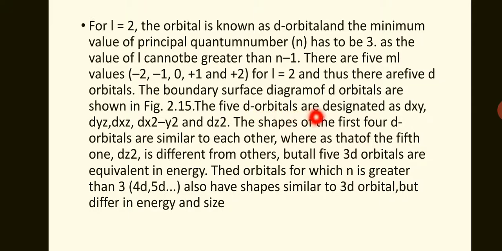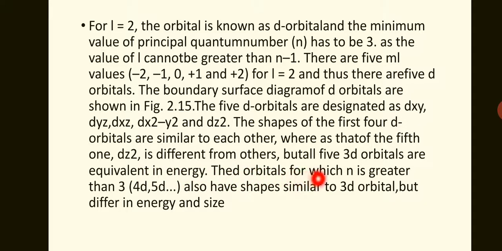The 5 d orbitals are designated as dxy, dyz, dxz, dx square minus y square and dz square. The shapes of the first four d orbitals are similar to each other, whereas that of the fifth one, dz square, is different from the others. But all five 3d orbitals are equivalent in energy.